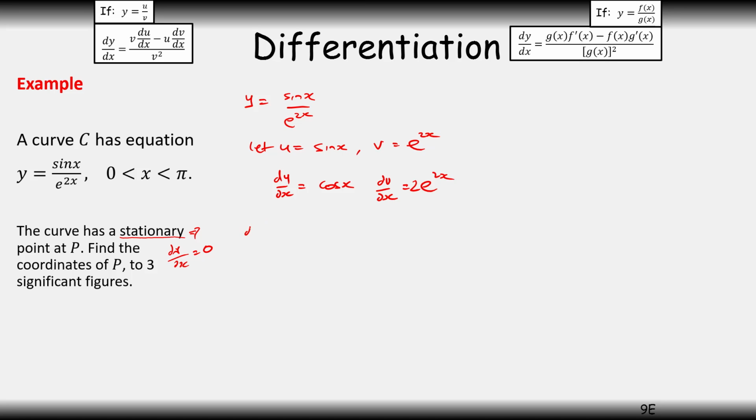Now we've got our formula, d over dx for our quotient u over v, and that's given by v du over dx minus u dv over dx, all divided by v squared.